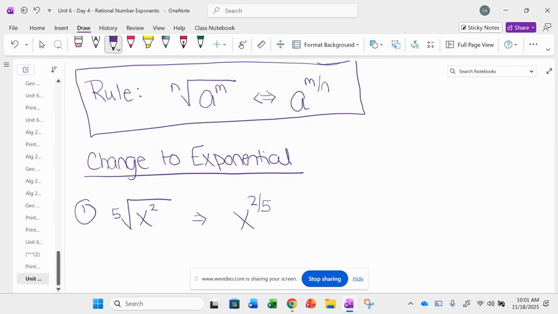So the denominator is always our index. The numerator is always the exponent on the radicand. Okay, what if I just have the square root of 2? What's the index if there's no index written? 2. And what's the exponent if there's no exponent written? 1. So isn't this the same as 2 raised to the half power?